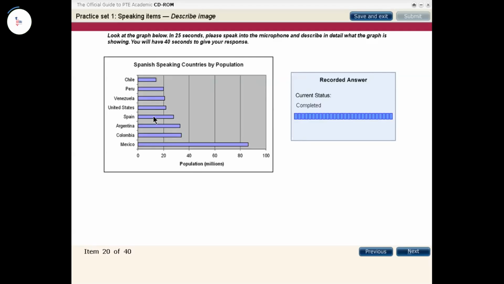In this case, it will have all the keywords right from Spanish, countries, speaking, population, 0, 20, 21, 22, 23, 28, 40, 46, 60, 80, 85, 100, population, millions, Mexico, Colombia, Spain, Argentina, everything. And it will have other keywords as well: highest, lowest, in between, constant, steady, biggest, smallest.